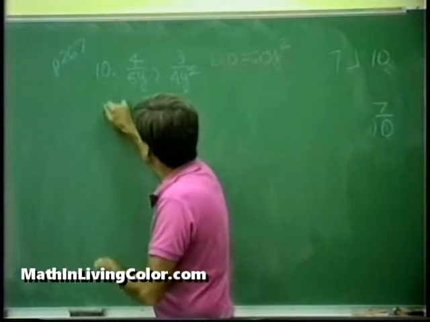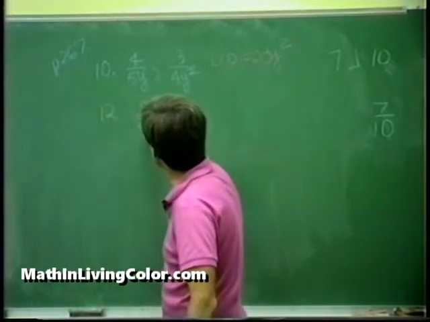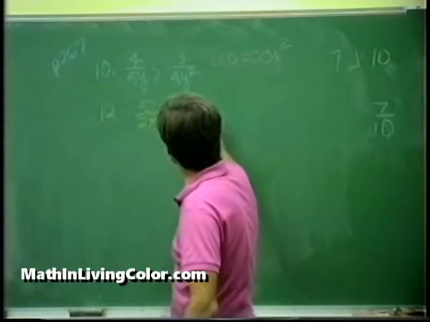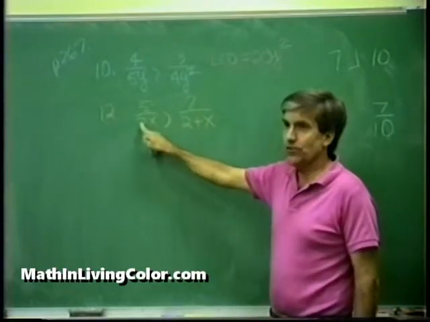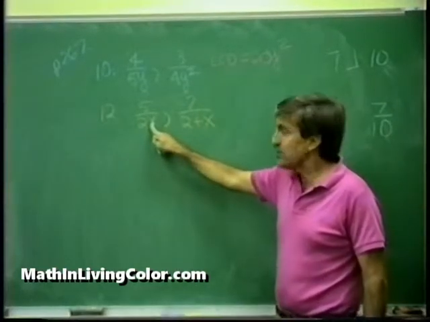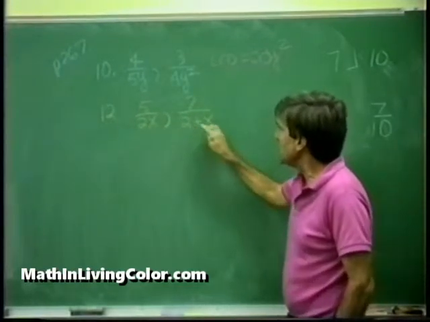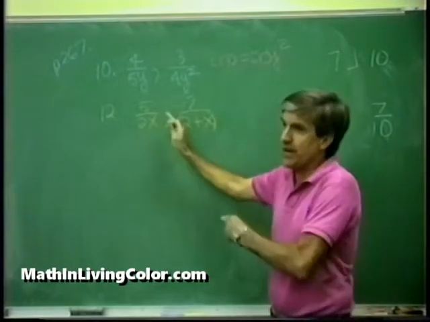Number 12, the problem says 5 divided by 2x and 7 divided by 2 plus x. Now in this case, you've got 2 for a factor, you've got x for a factor, and you have 2 plus x as a factor. Do you see this 2 plus x is a quantity, and it's a separate factor from the 2 and from the x.